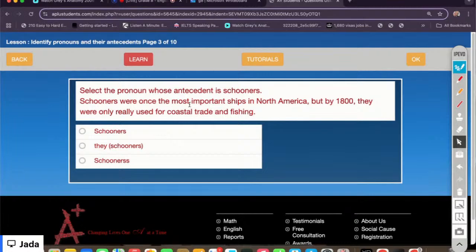What's the right one here? So it has to be they.